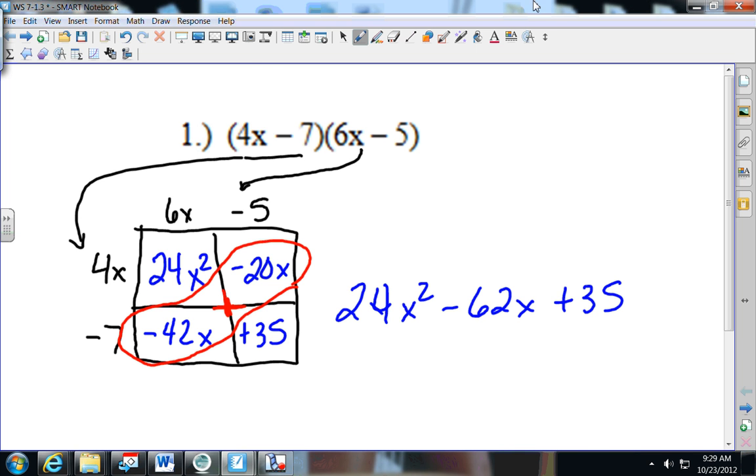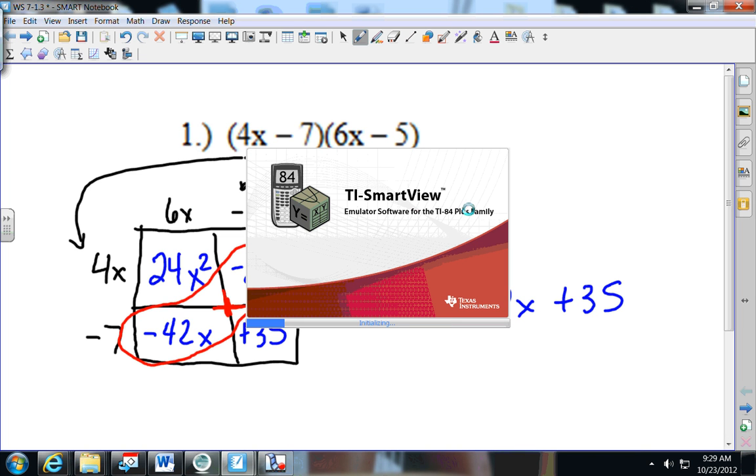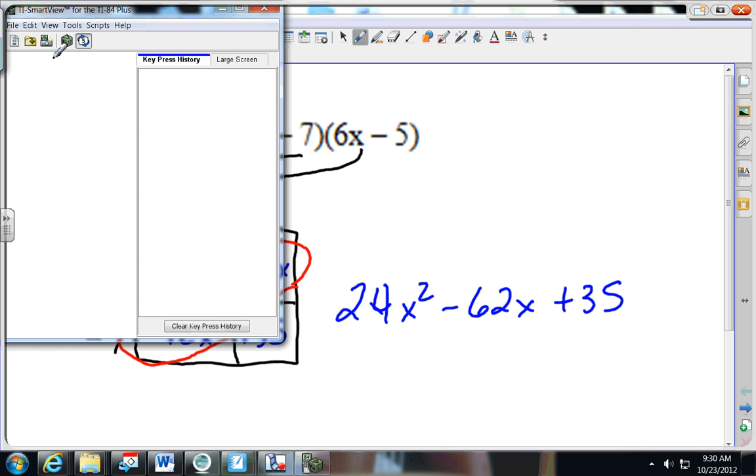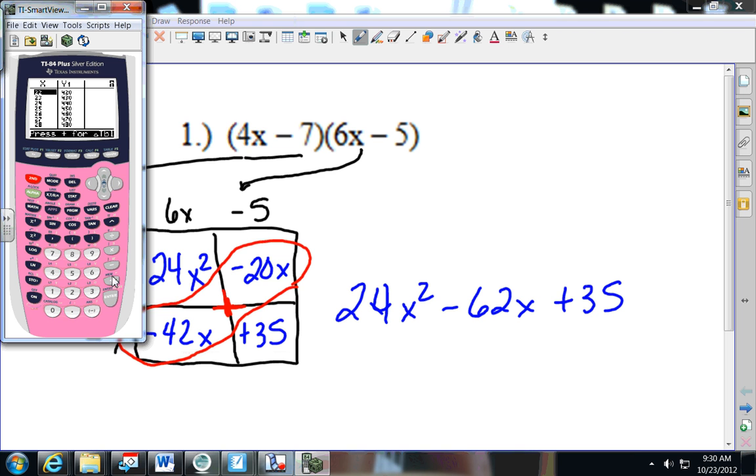Remember that I talked about checking these. The way you're going to check it, you're going to go to y equals and put the original problem into y1. Now, there's been different things on the calculator. Make sure that you are clearing the memory. So I'm going to go second plus 712. Y equals parentheses 4x minus 7 times 6x minus 5.